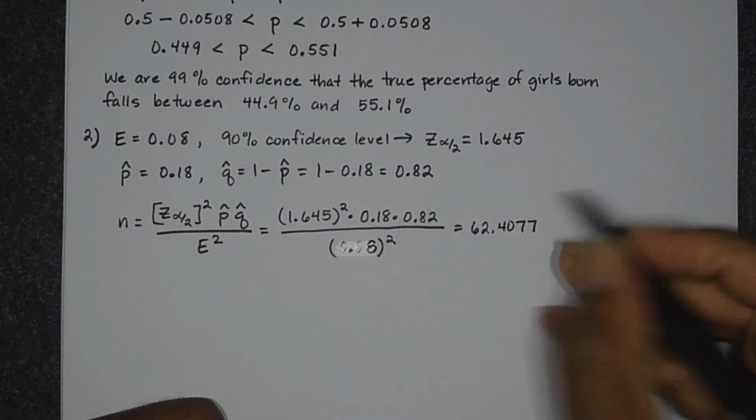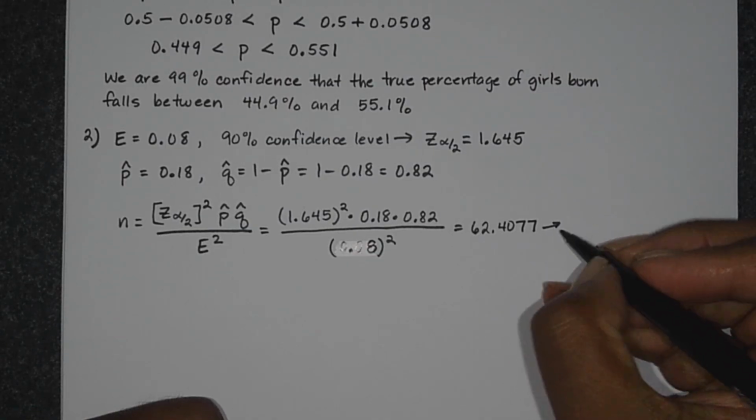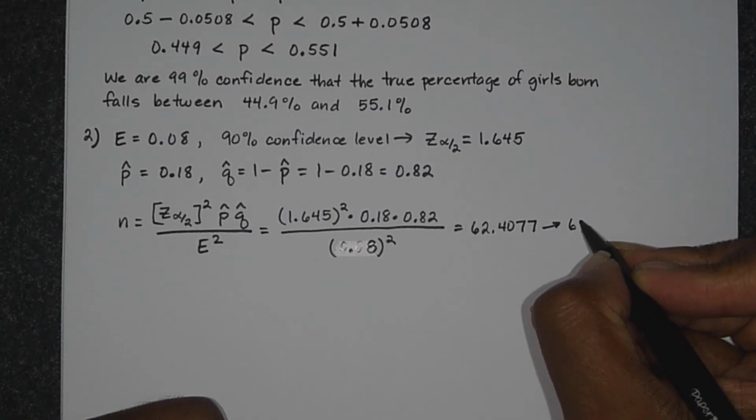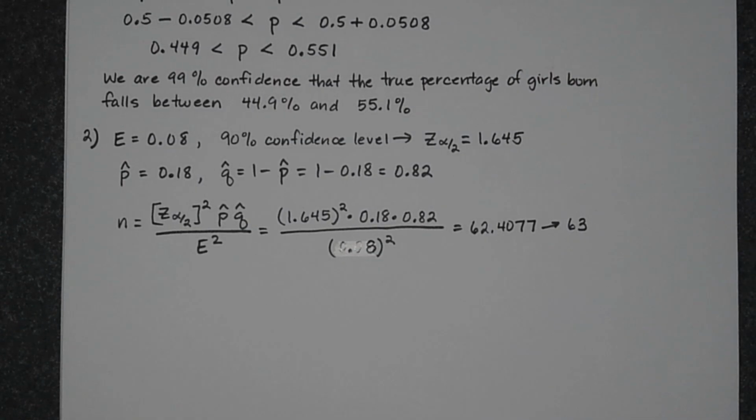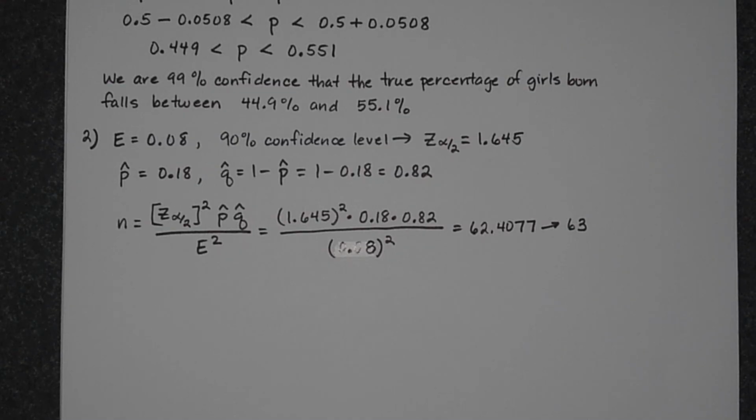But we always round up to the next larger whole number. So what would be the next number after 62? 63. Okay, so to answer that question, the sample size needed to estimate the percentage of adults who have consulted fortune tellers, we need 63 people in that sample.